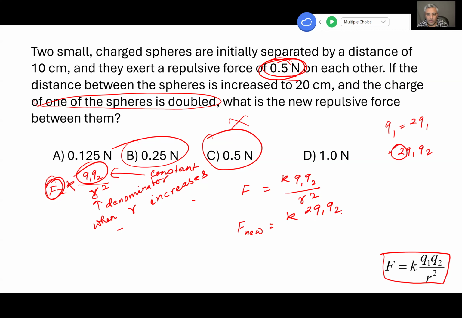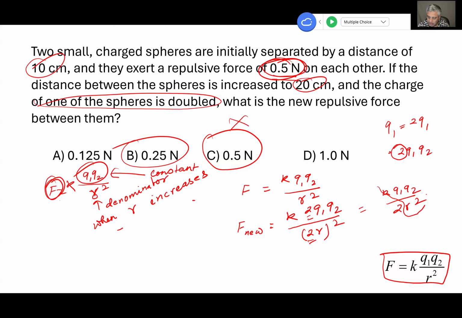I'm saying one is doubled, and r on the other hand became 2 times r, so you need to square that. This way it's better than plugging in 10 centimeters here.